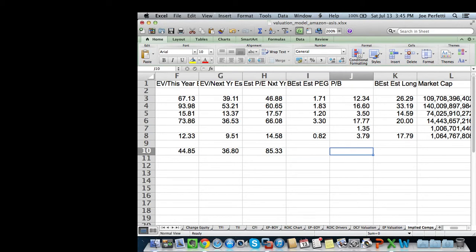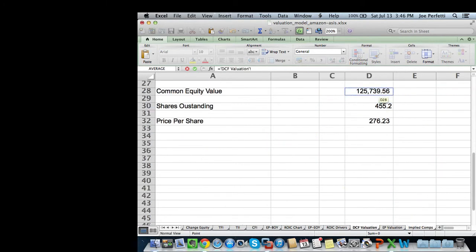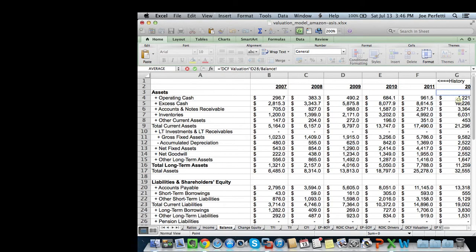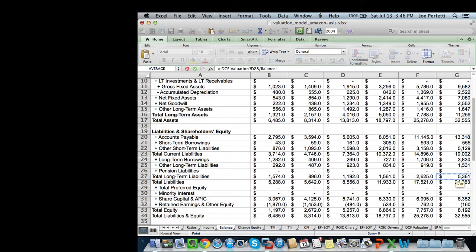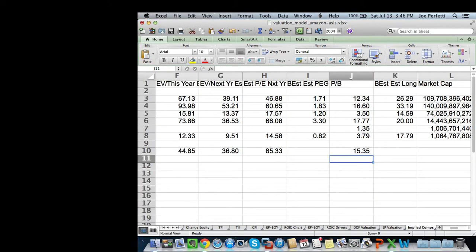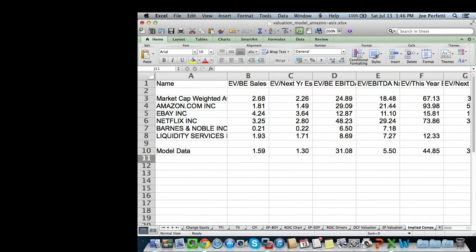We could then do the price to book: the price is basically the common equity value, and the book is the balance sheet historical book value of equity, total equity in 2012. So the point is, what we've done is we basically just put into our model what I call the implied comparables.